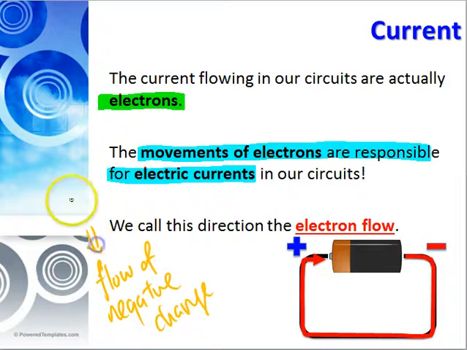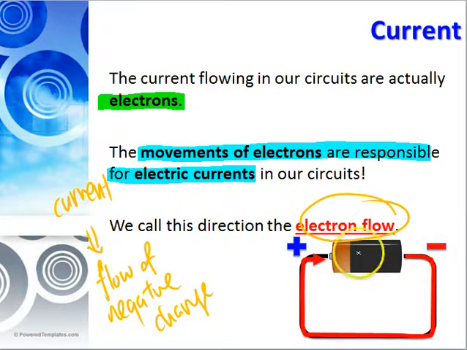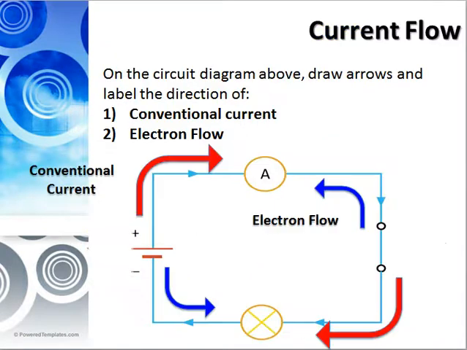This is your current, and we term this the electron flow. So here, this is my battery. The negative terminal is here, so my current actually flows this way. This kind of current we term electron flow.